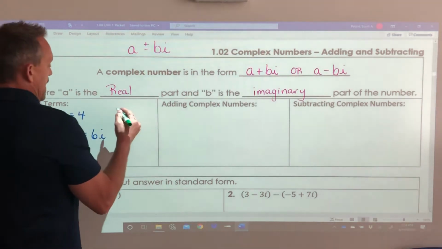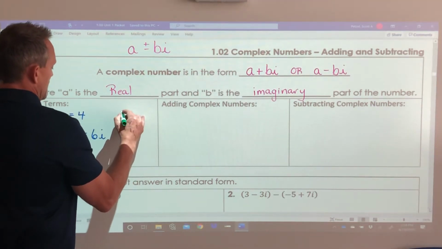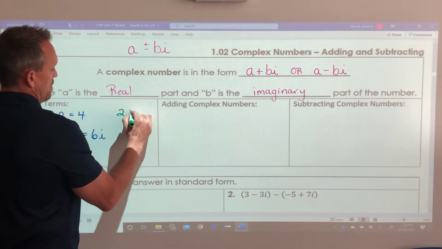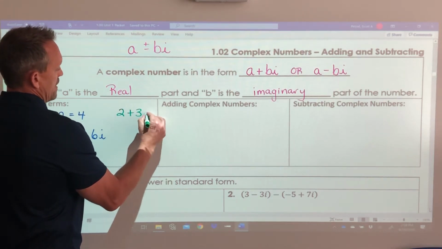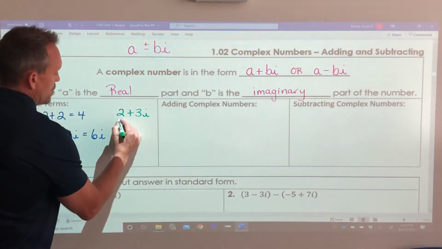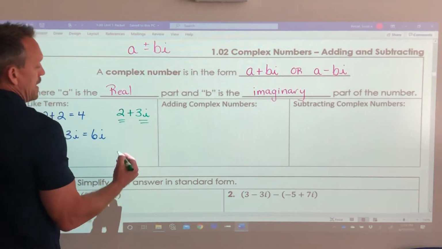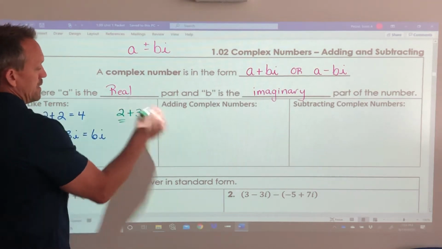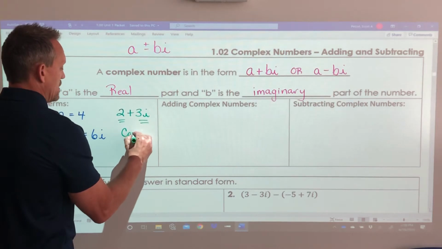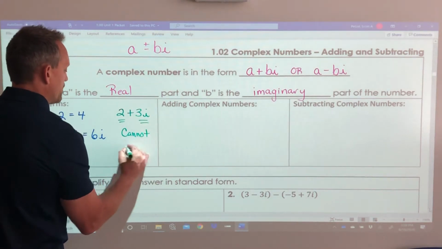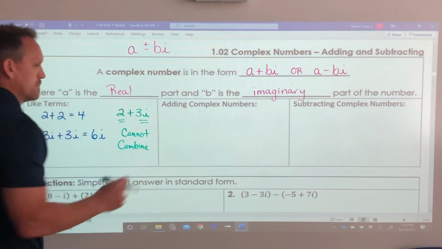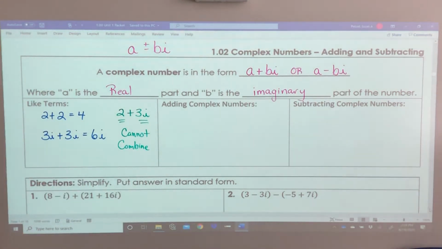What if I had 2 plus 3i? Well, obviously that's our complex number, but 2 and 3i are not like terms, so you cannot combine them.